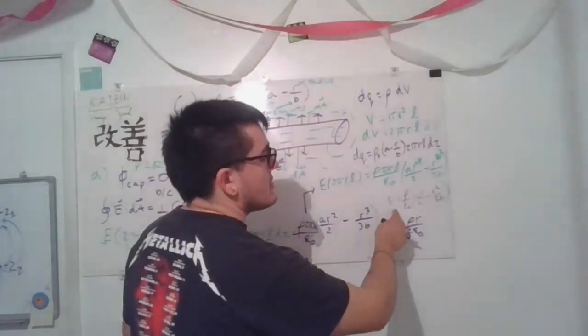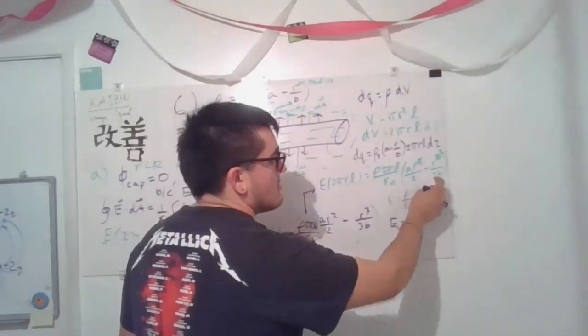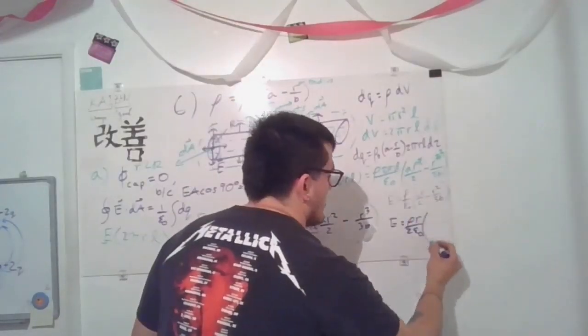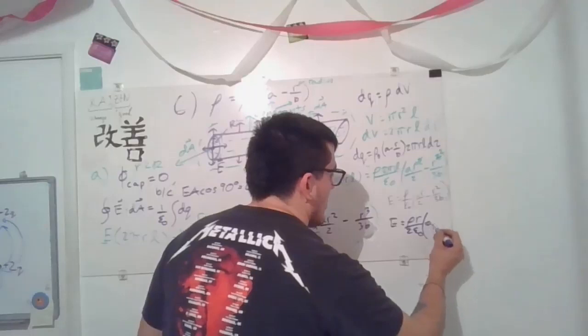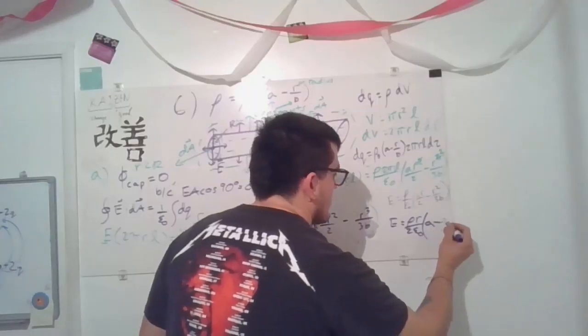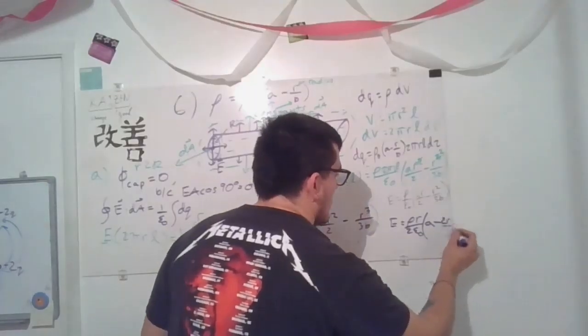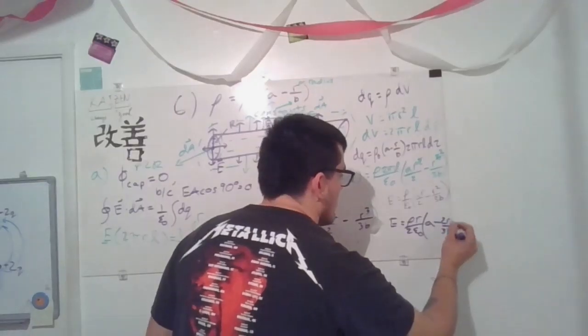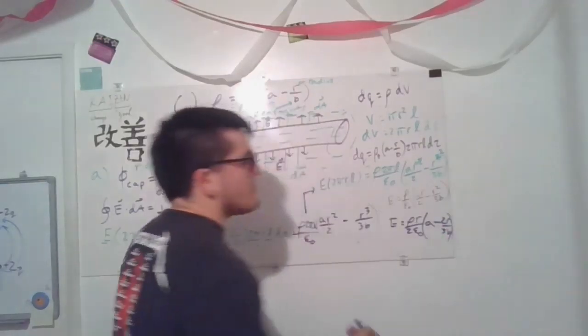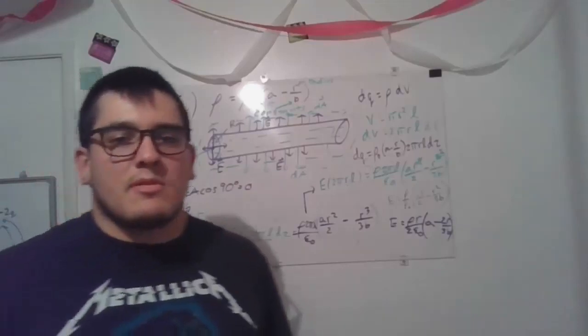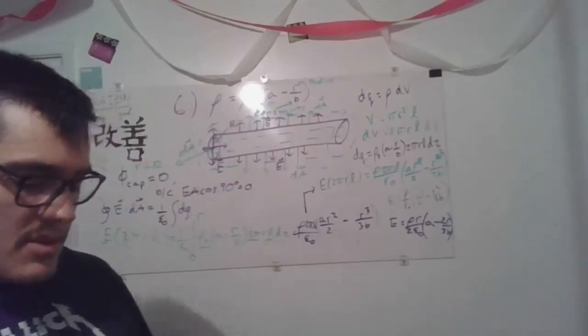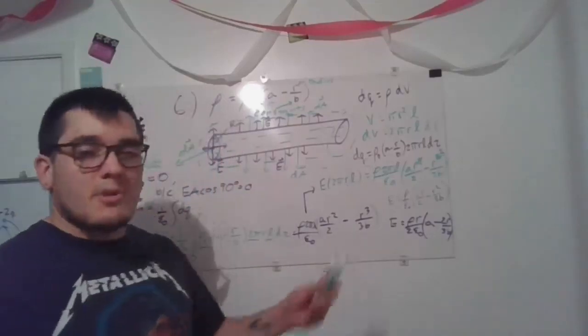But if you pull out a 2 and there's no 2 there, you have to put a 2 on top. So that's A minus 2R over 3B. Okay. That's how the book has it, but it's just oversimplification, really. And that's a pretty straightforward problem.